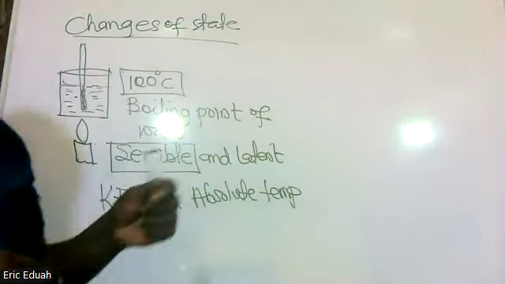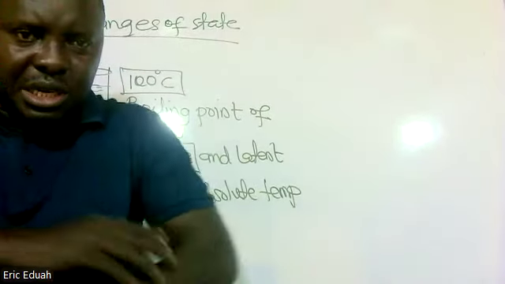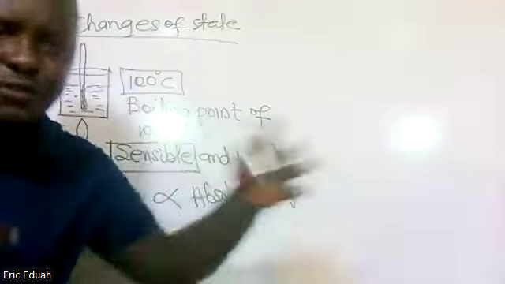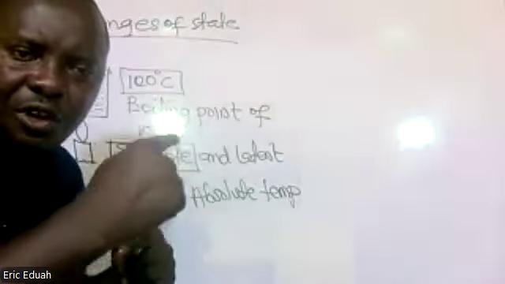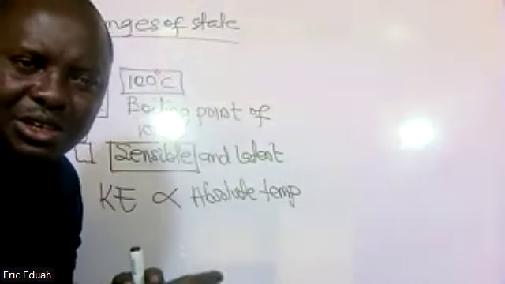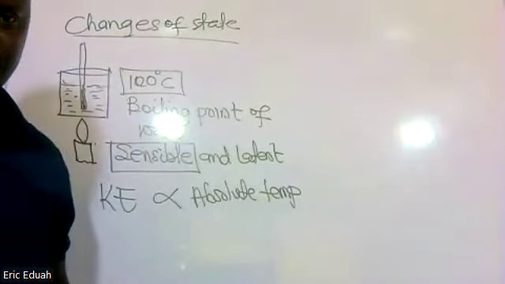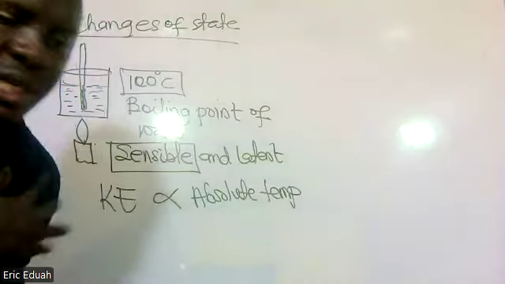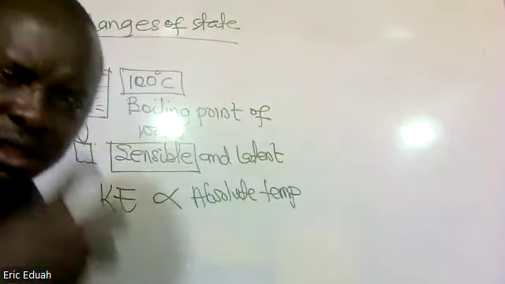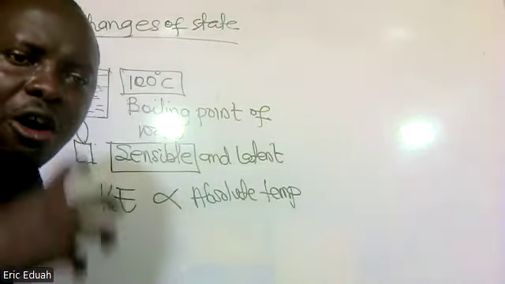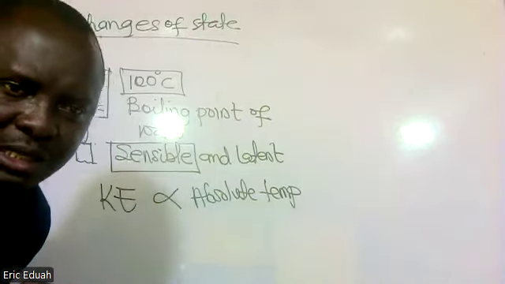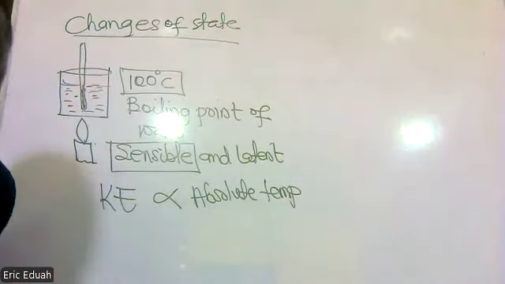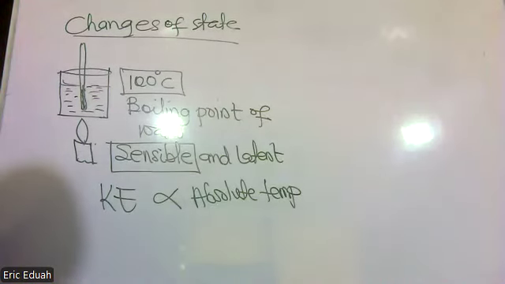So if it is liquid and the bonds are broken, the molecules now are free to move about. As they are free to move about, it's a transition from the state of liquid to gaseous. And this amount of heat energy, which is responsible for changing the state or phase of a substance, is what we describe as latent heat.